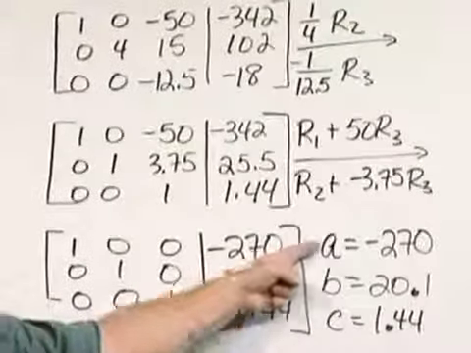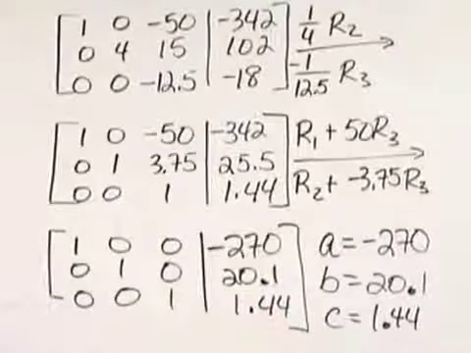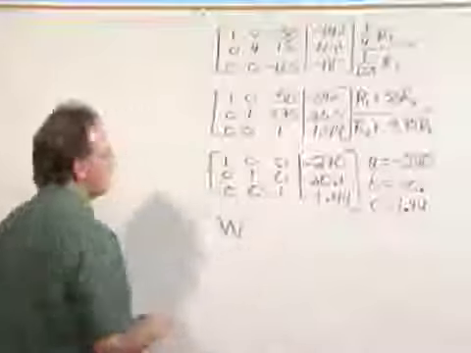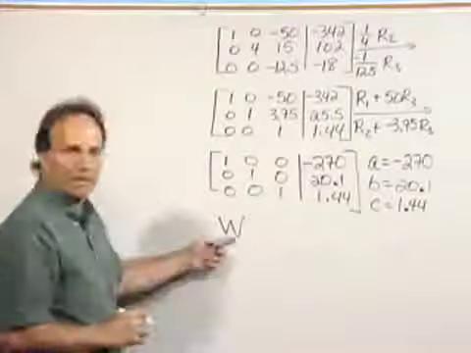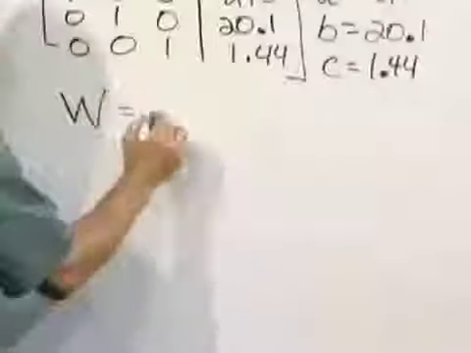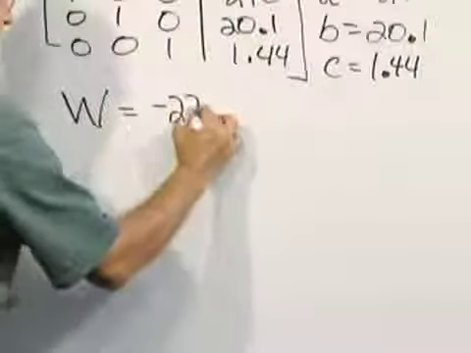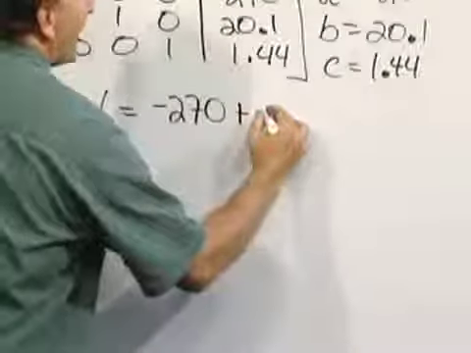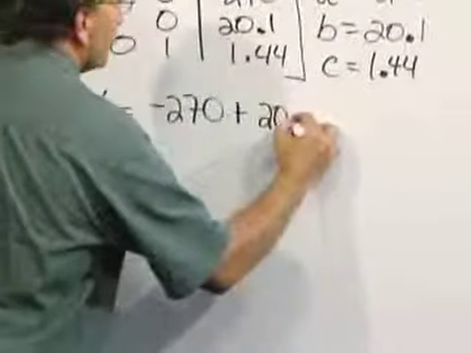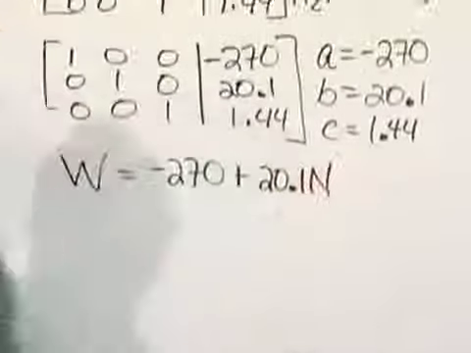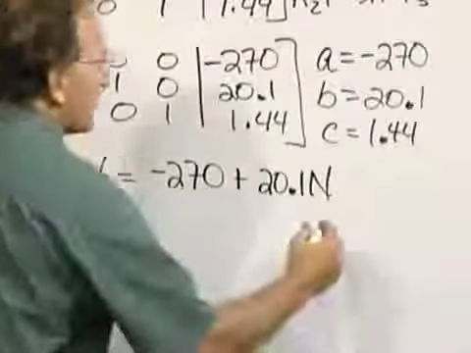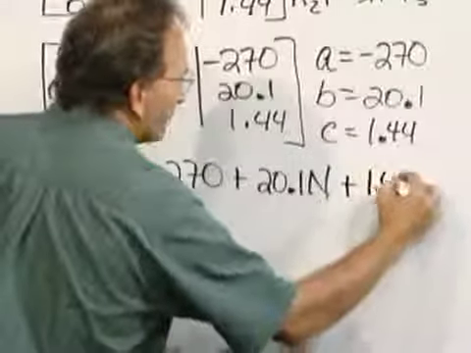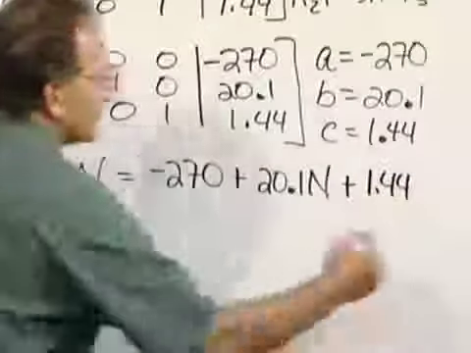Taking those values, A, B, and C, we can now say that our equation for W is W equals A, negative 270, plus B times N, so 20 and 1/10 times N, plus C times C, so 1.44 times capital C.